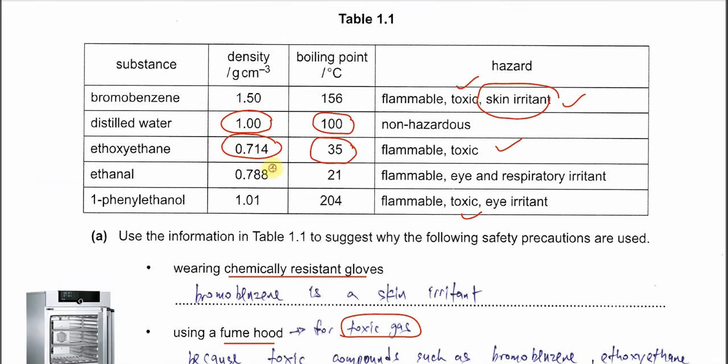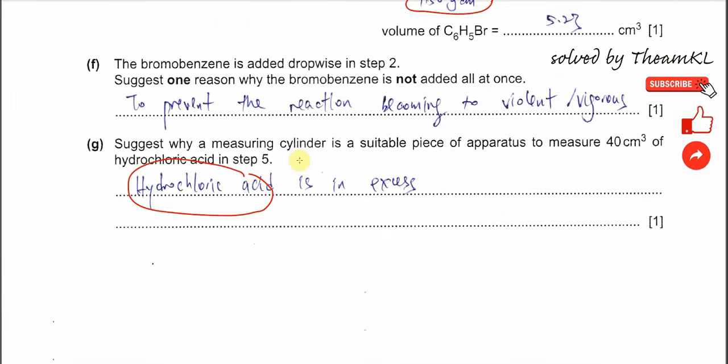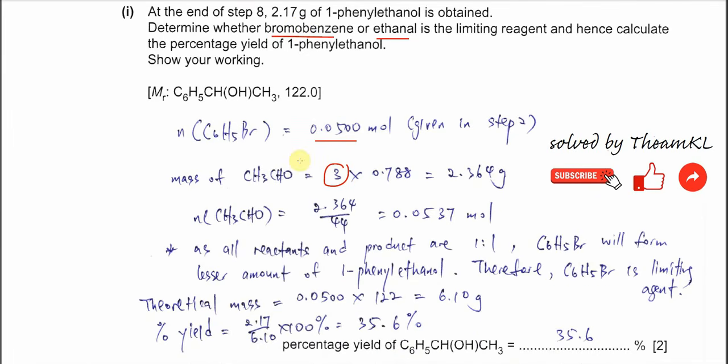The ethanol density is 0.788 gram per cm cube. So you just use the volume times this density, you get the gram. To get the mass of the ethanol, you use the volume used in the reaction times the density, so you get 2.364 gram.